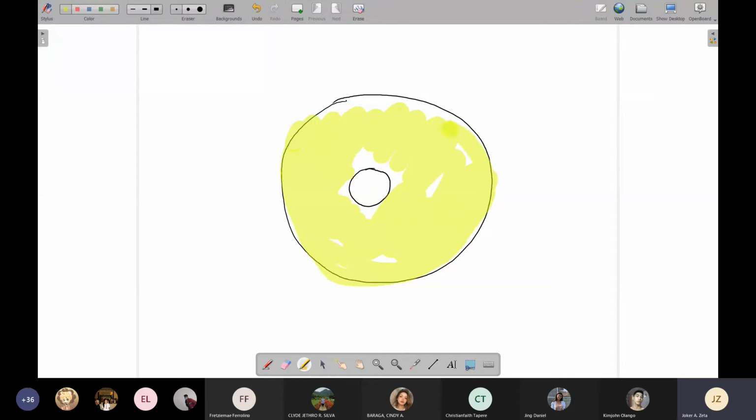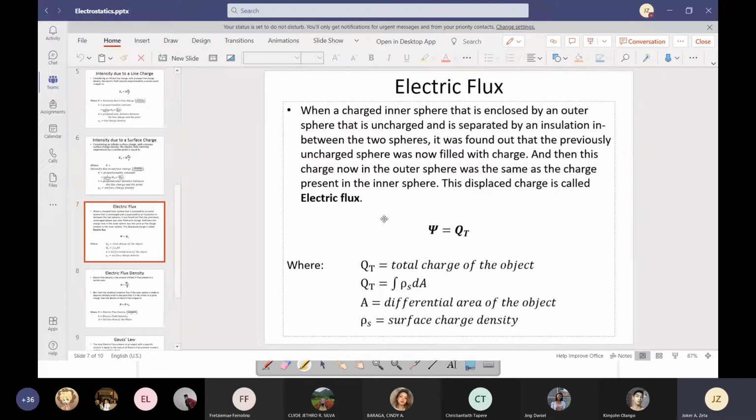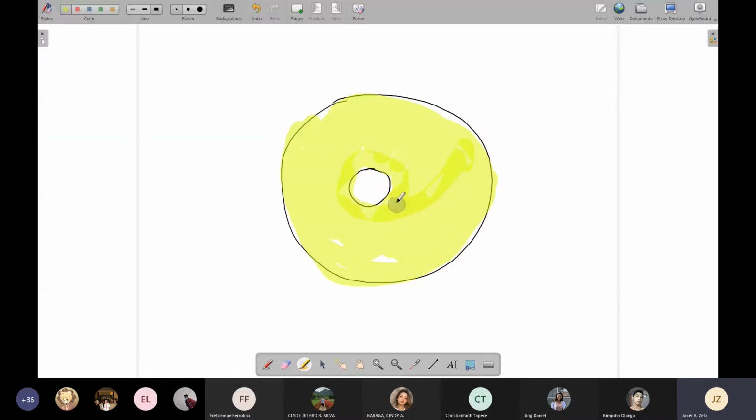In between the inner sphere and the outer sphere, there is an insulation. Is separated by an insulation in between the two spheres. So, this insulation is, of course, non-conductive.